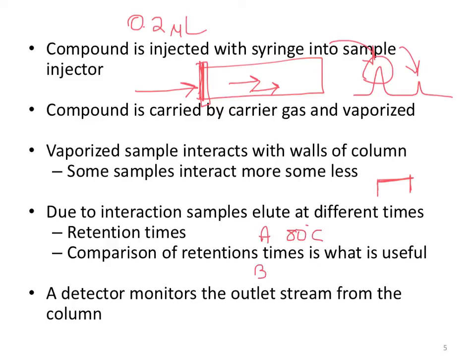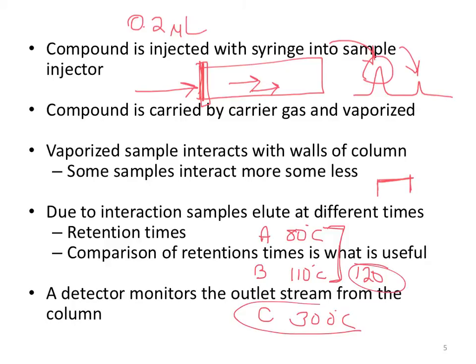There is another one that's at maybe 110. And there is a third one which is at 300. And you maintain your column at, let's say, 120 or 125, somewhere there. You would be able to see the first two.